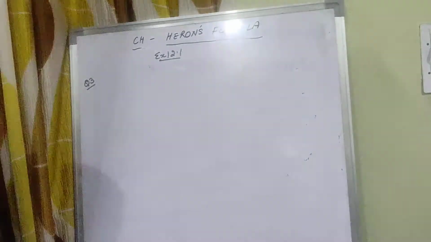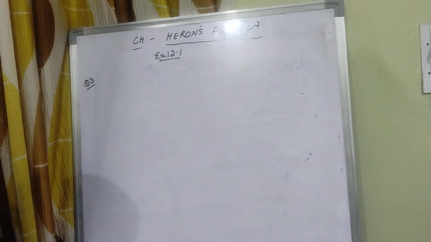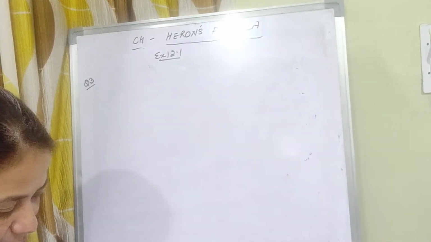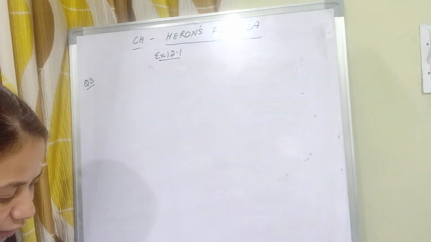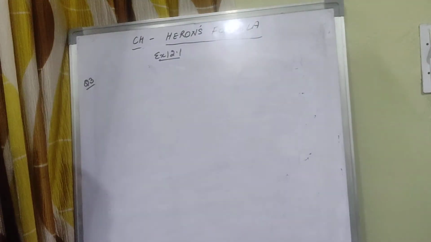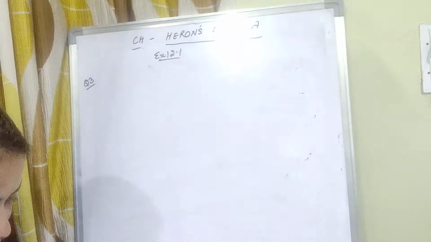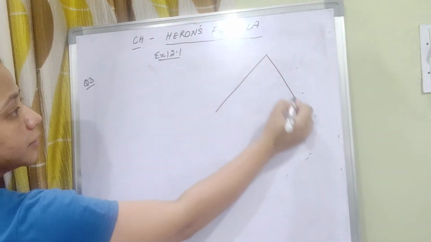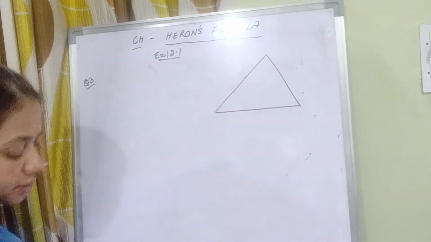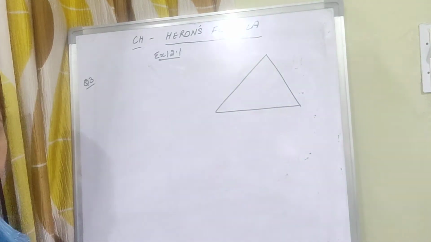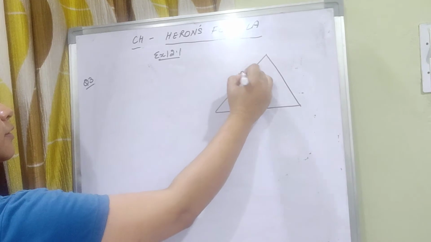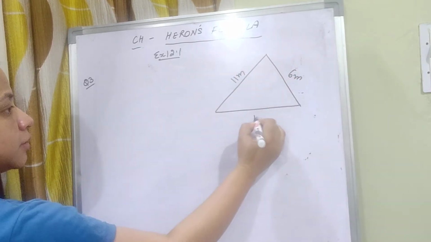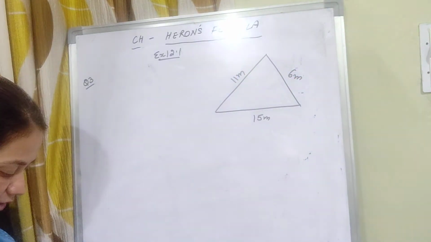Here the question is, there is a slide in a park. One of the side walls has been painted in some color with the message keep the park green and clean. The figure is given, in which the sides are given. This triangular park has sides 11, 6 and 15.